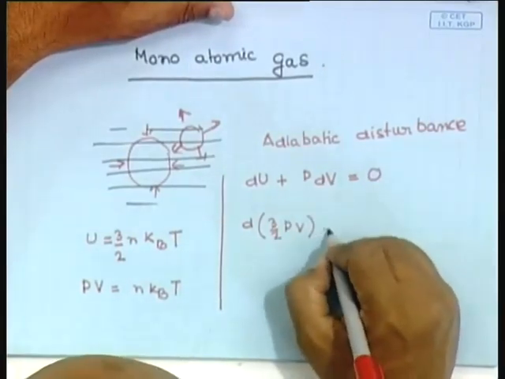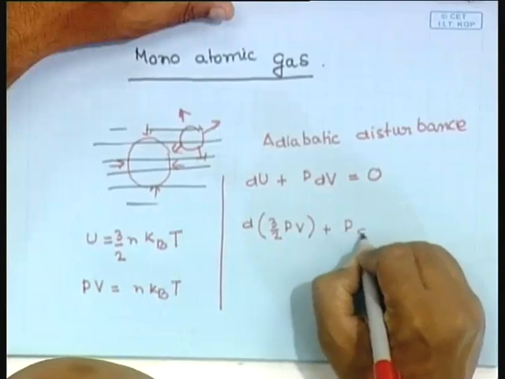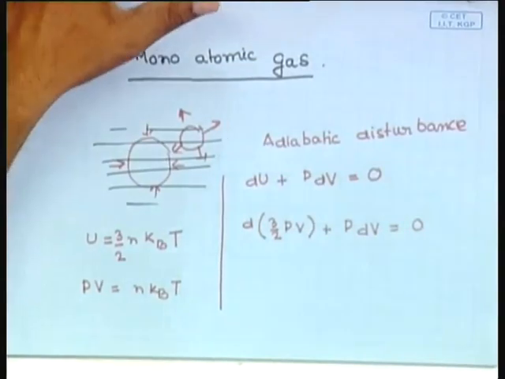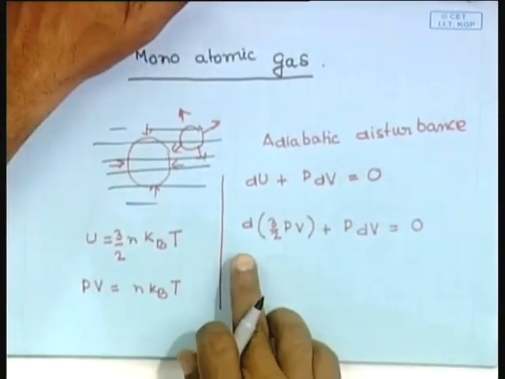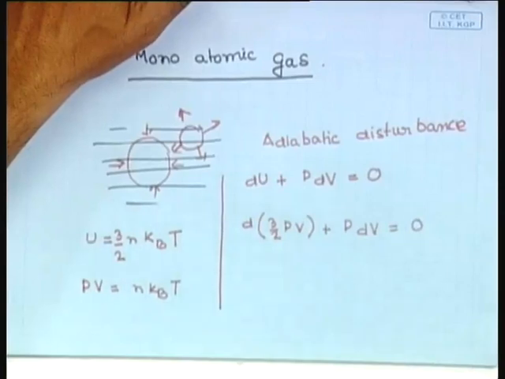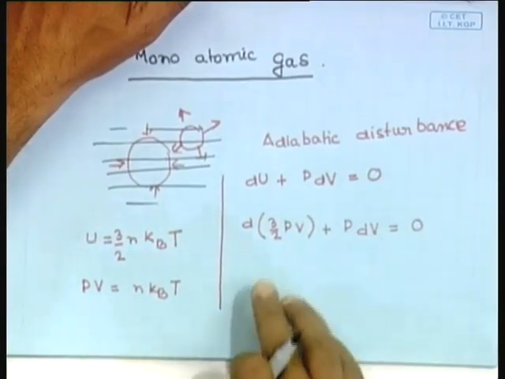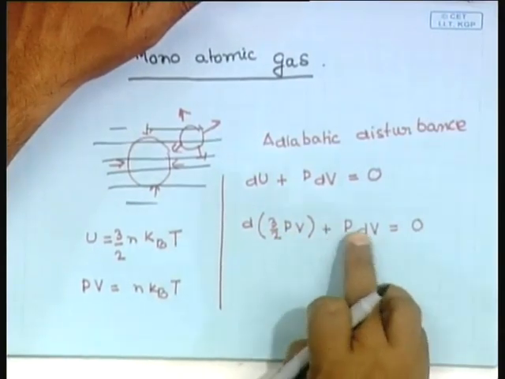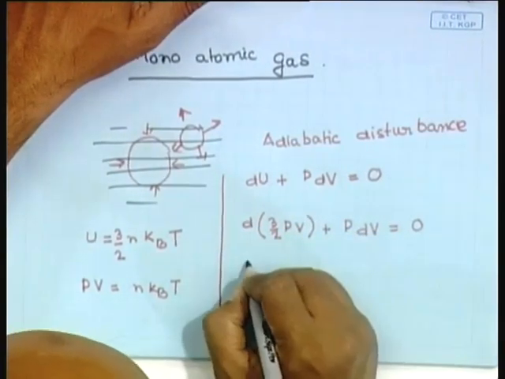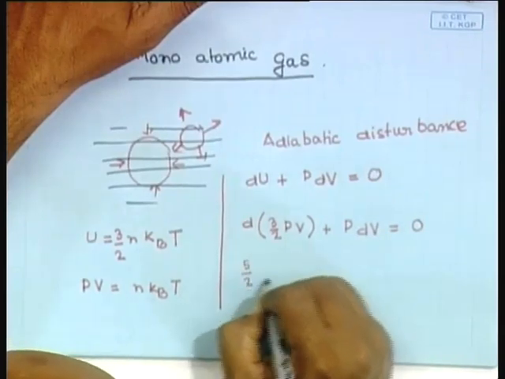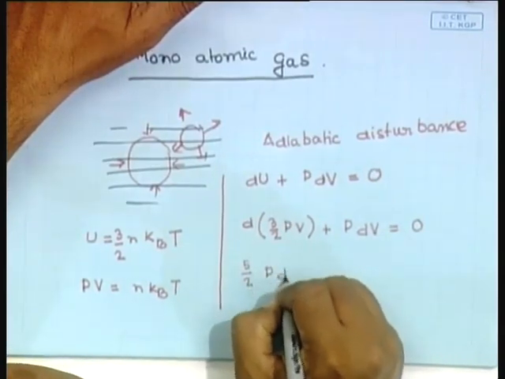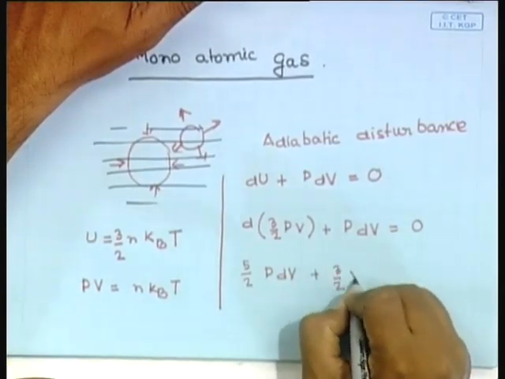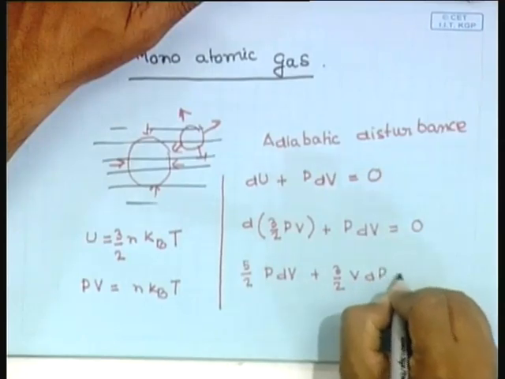And we have another term, P dV, and this is equal to 0. So now if you break this up, you get one term which is (3/2) P dV, and you combine with this P dV, that will give us (5/2) P dV plus (3/2) V dP is equal to 0.